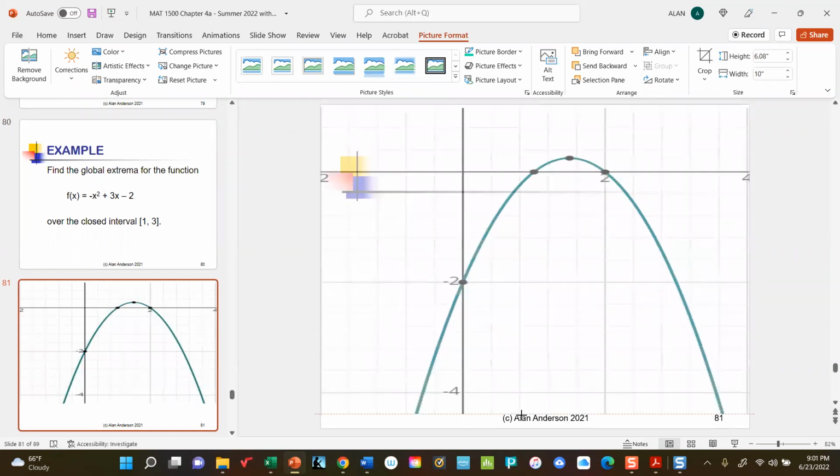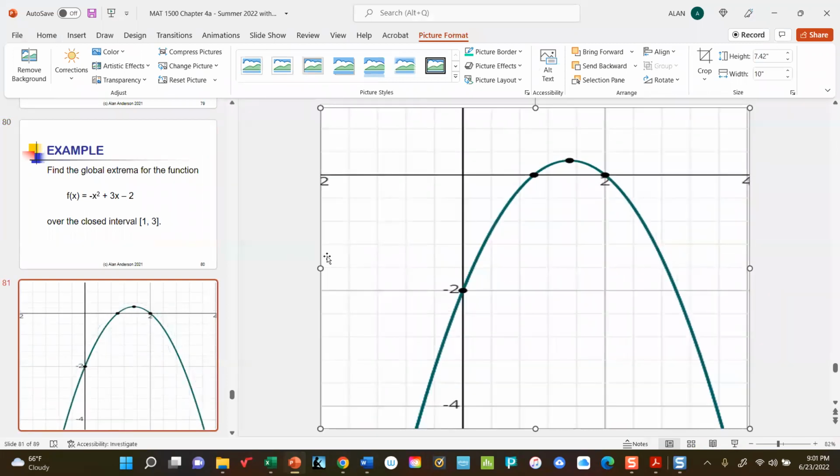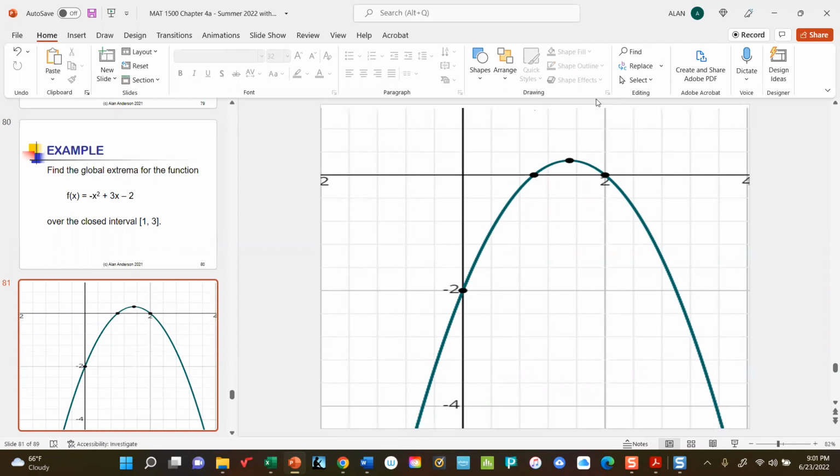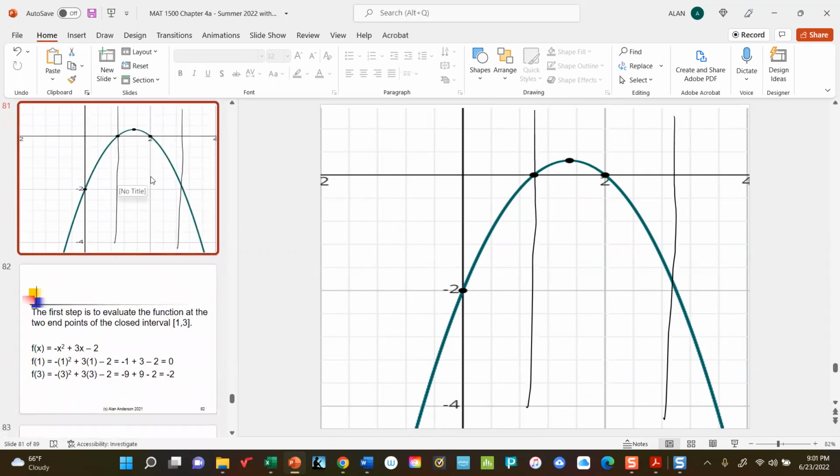Let's see if we can approximate where these points are. So 1 looks like it's about here. And then the 3 is right about here. I don't know if I've drawn that well or not, but I could try again later on. I'll look at the instructions again and see.